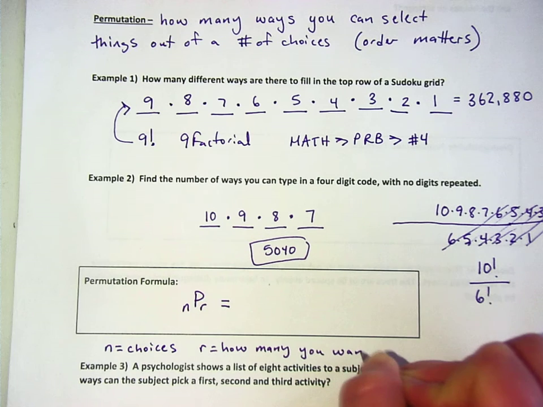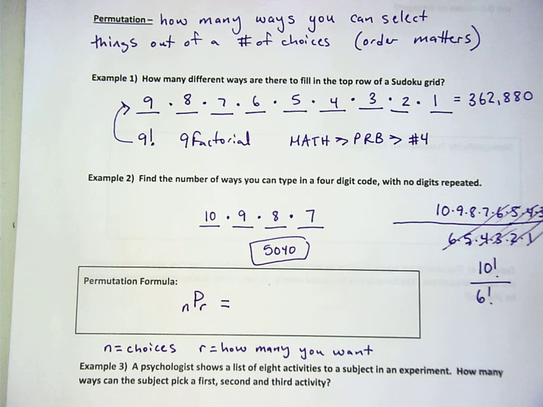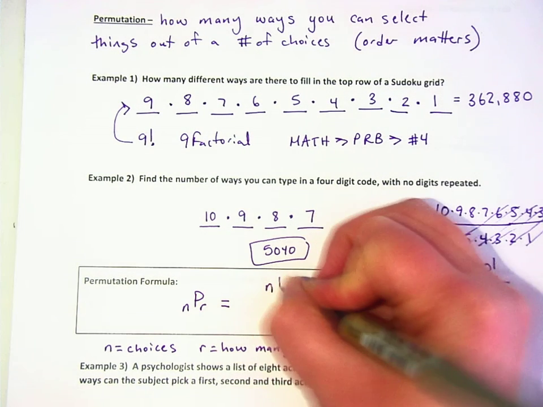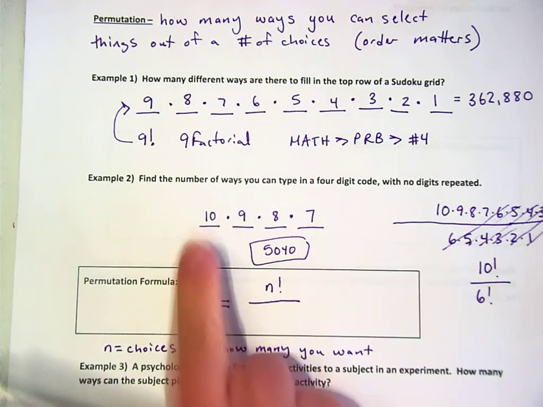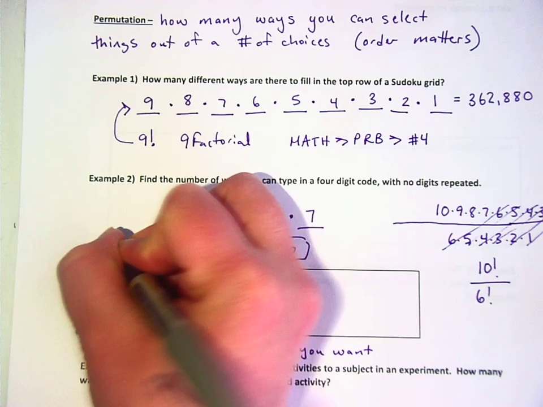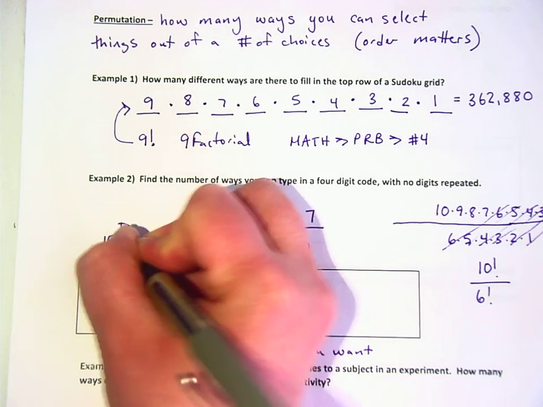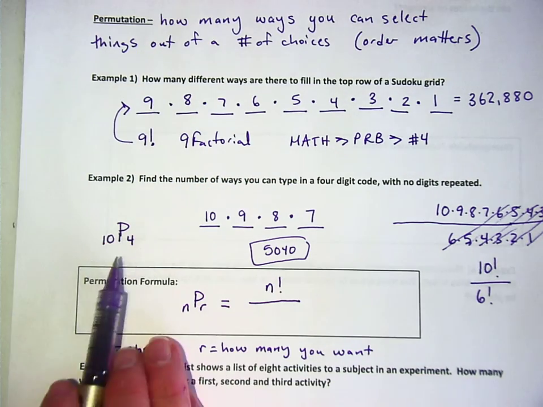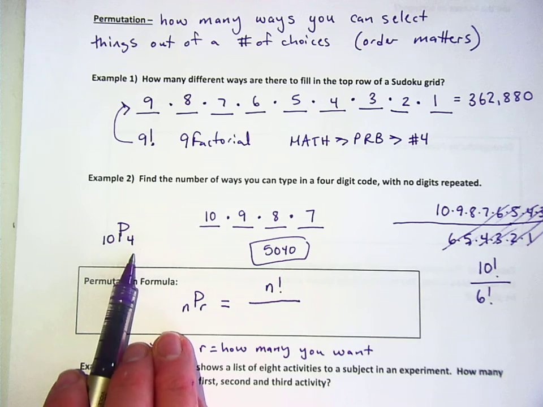So this is a permutation, nPr. So you start with n factorial on top. That's like 10 factorial, right? So this one would have been 10 permutation 4, because I had 10 choices to pick from, but I only wanted 4 of them.